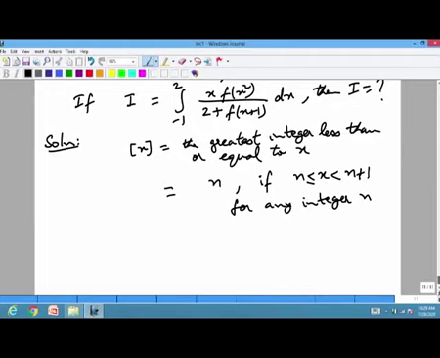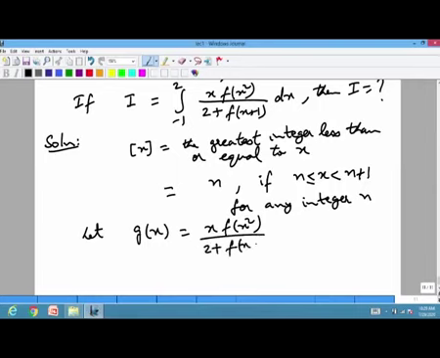Now, I is the integral of this. So, let us write g of x equal to x times f of x square divided by 2 plus f of x plus 1.